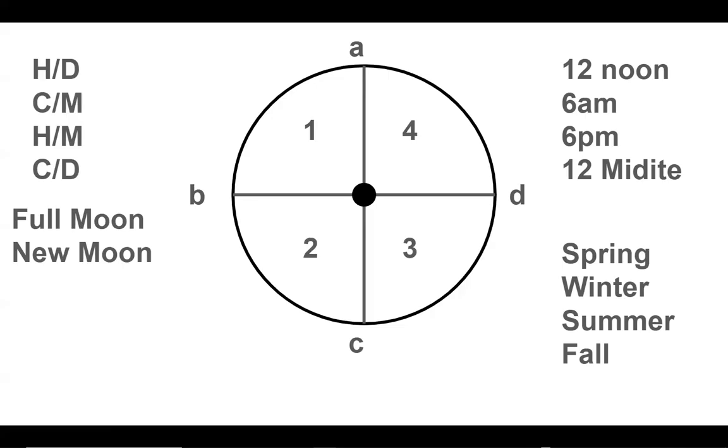So we go to dividing and subtraction. Dividing is a more detailed way of subtracting. So dividing is cold and dry.